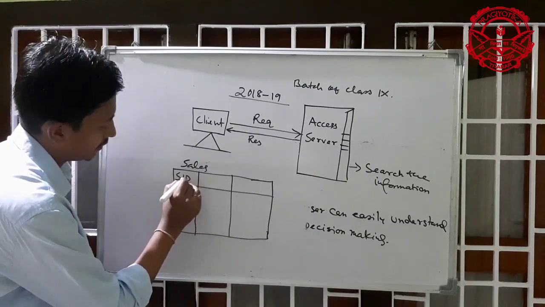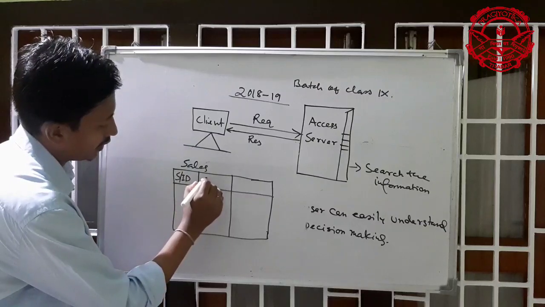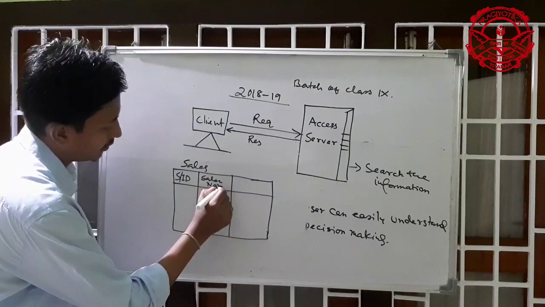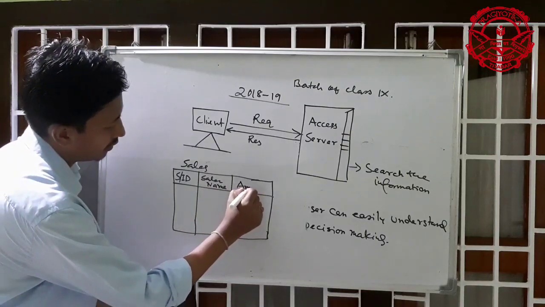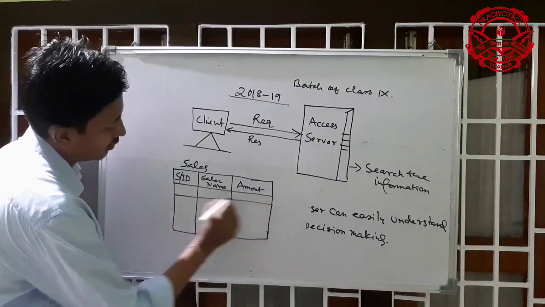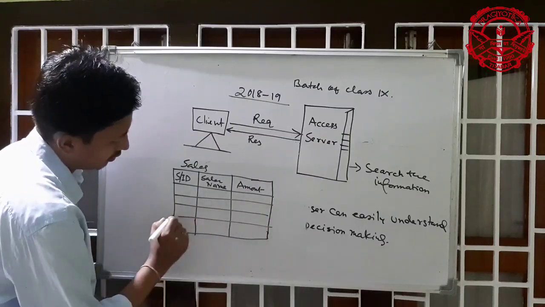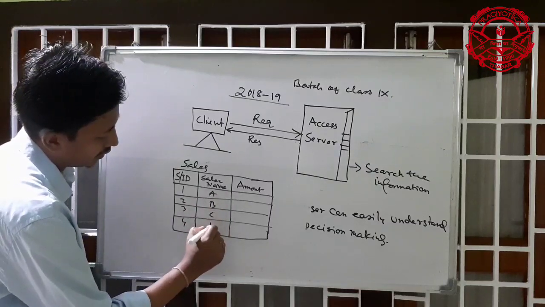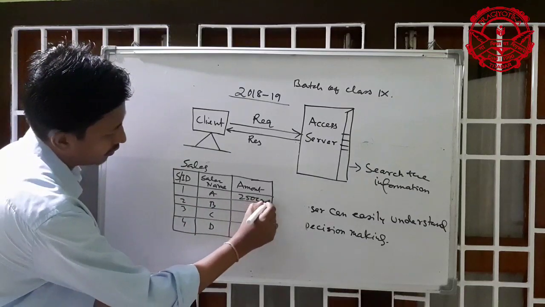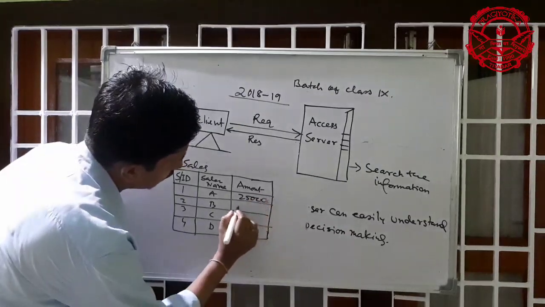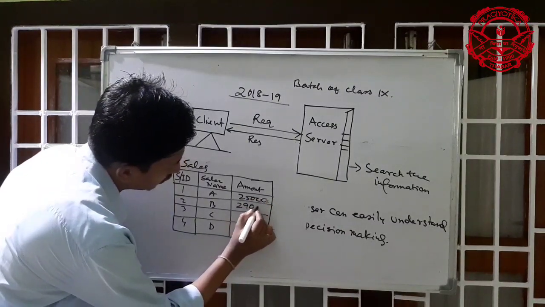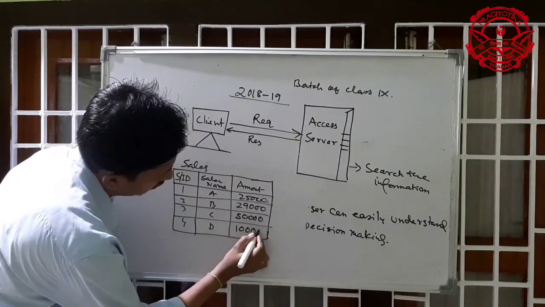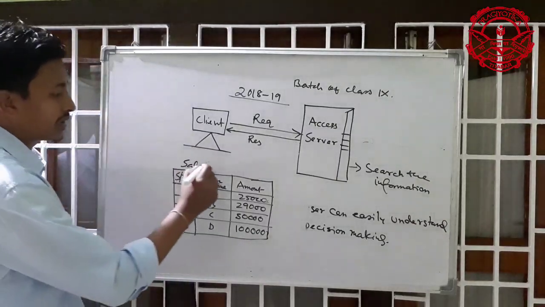Sales ID, seller name and amount. 30,000, 25,000, 29,000, 50,000 and 1 lakh. So this is a sales report.